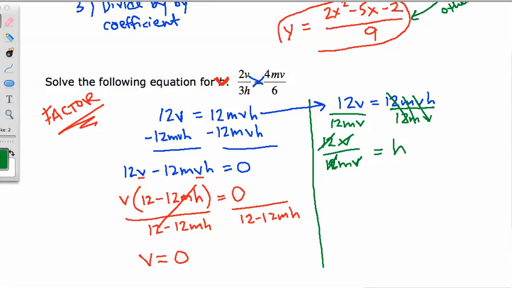If everything cancels out on the top, that's like a 1. 1 over m equals h. Okay, so there I showed you how to solve for v on the left and for h on the right. So your answer would be 1 over m.